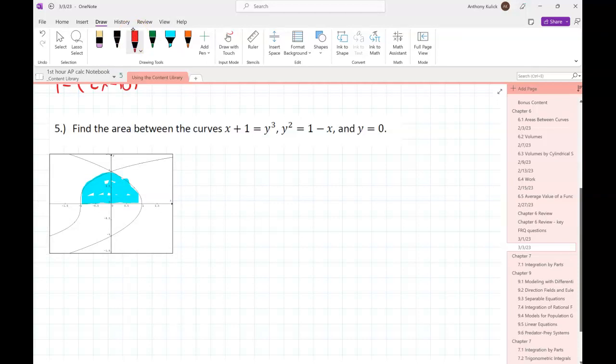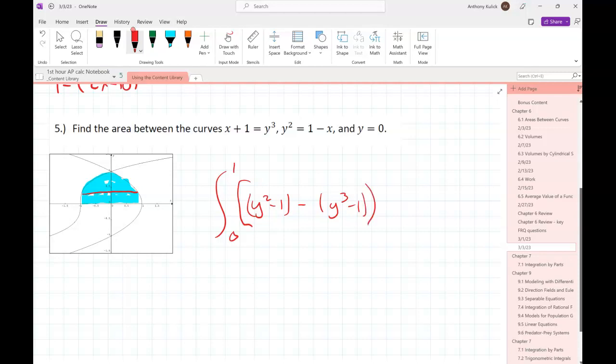So you could do this 2 ways. You could integrate with respect to x or y. I think in my key I probably did y's. So my y's go just from 0 to 1. I can just tell that from looking at it, right? So I need this distance, which is the curve on the left, which was the quadratic one in terms of x, minus the curve on the right, which is the cubic one.